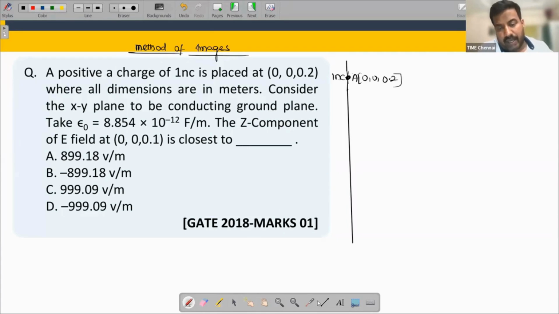Consider the xy plane to be the grounded plane. This is the xy plane. Consider this to be the conducting ground plane.